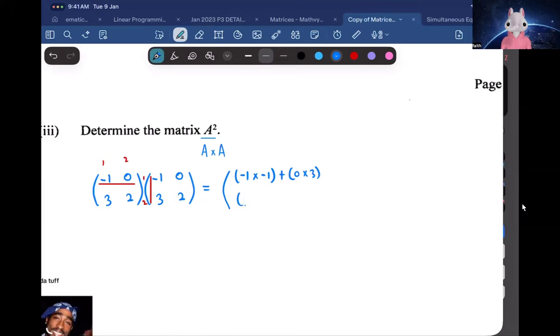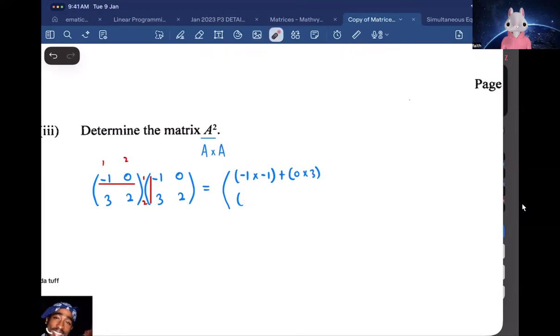See what I'm saying, right? Again, multiplying all the rows by the column. So we just finished multiplying this row by this column.